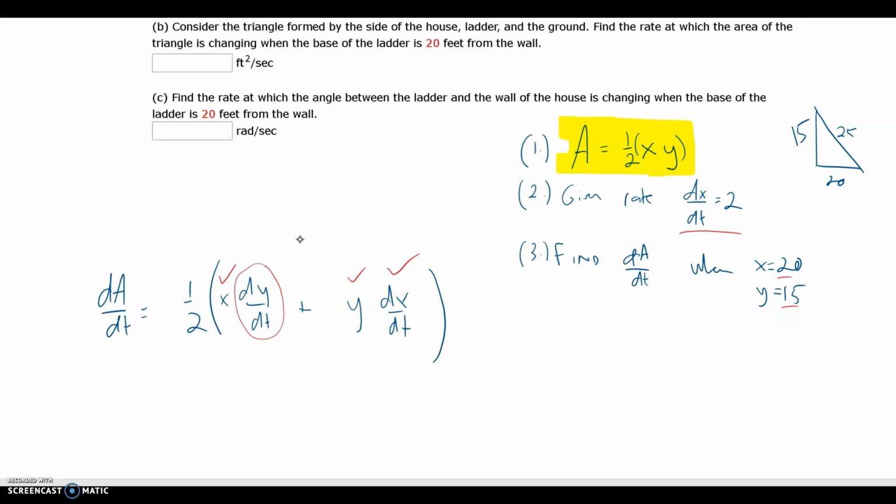So what do we do? Well, if we go back to our relationship, consider the triangle formed by the side of the house, the ladder, and the ground. Find the rate at which the area of the triangle is changing when the base... So the question would be, how could I potentially rewrite the area formula as a function of a single variable?